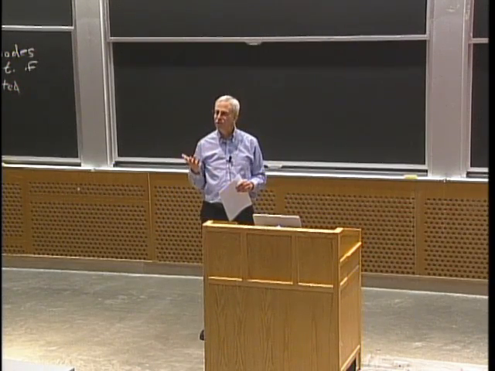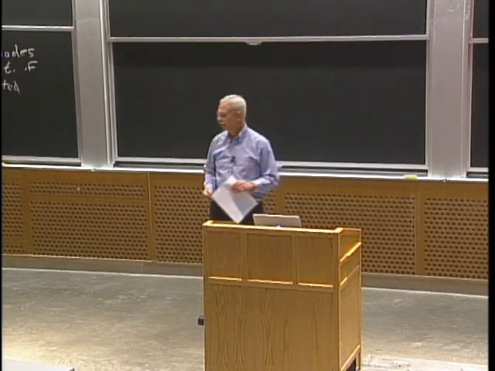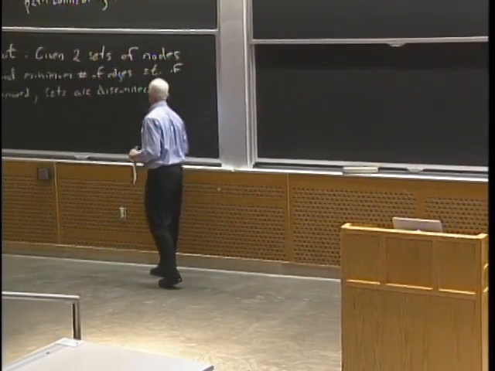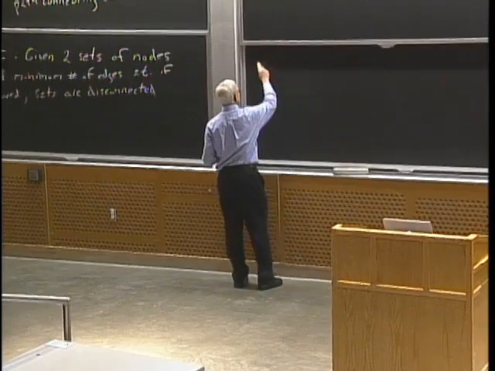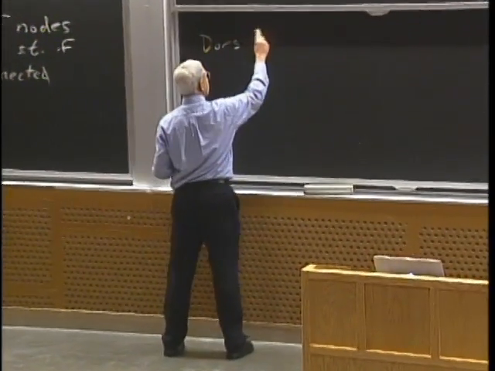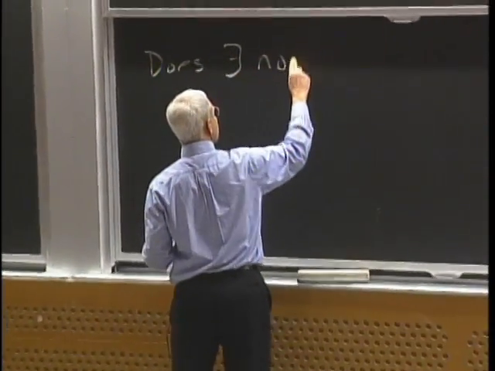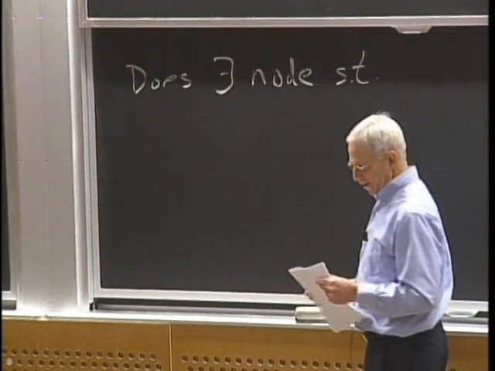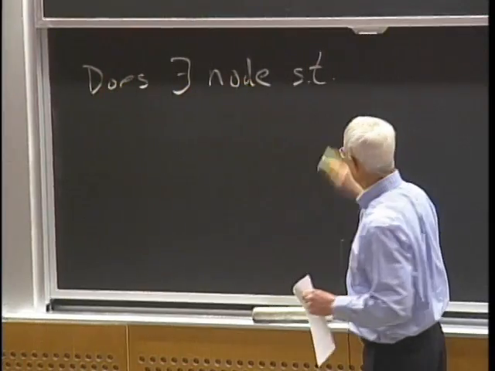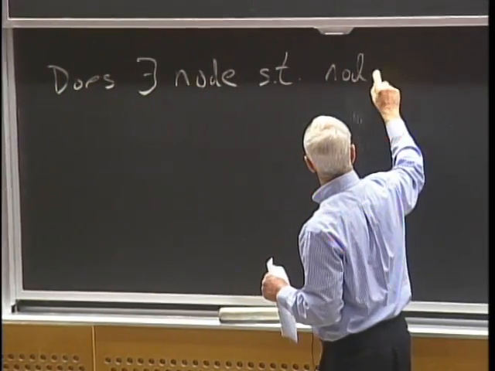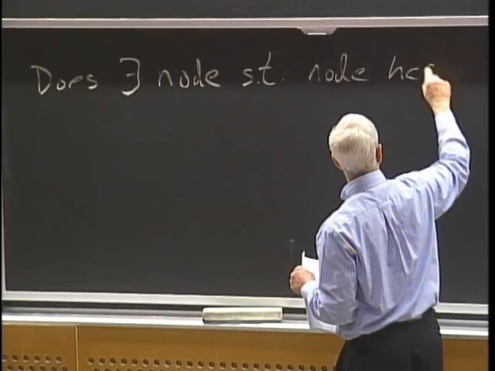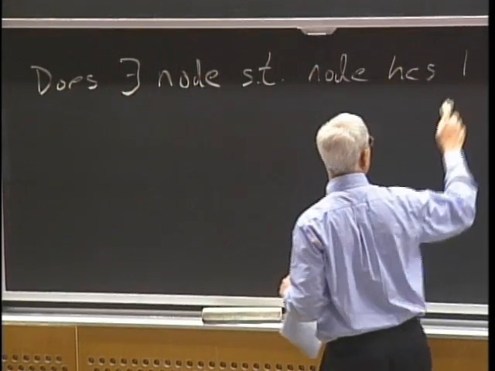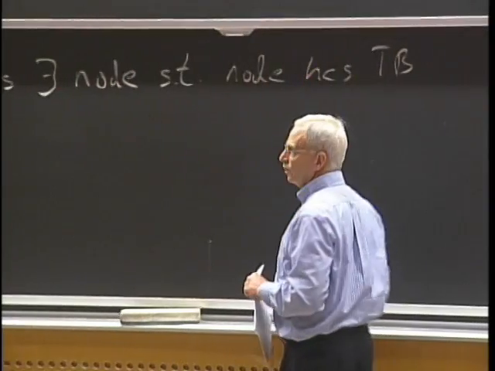How would we formulate that as a graph question? Again, quite simply, we would say, does there exist a node such that node has TB, or maybe not even that, well, let's simplify it.